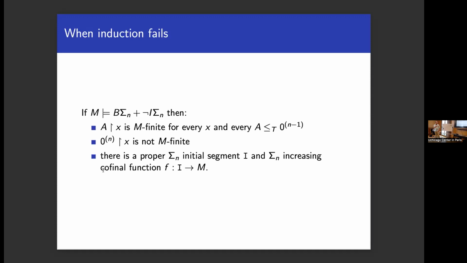There's this corresponding notion from alpha recursion theory of an admissible ordinal. And they have something like this as well. So what this says is that there's a proper sigma n initial segment, call it I, necessarily a proper cut.